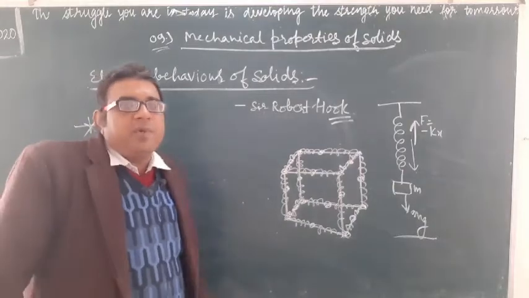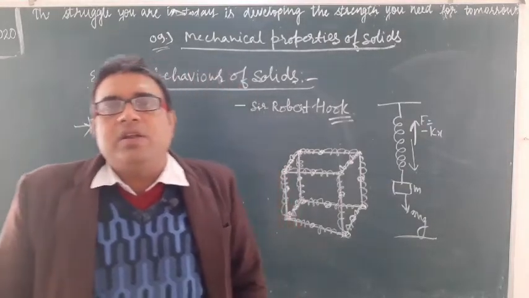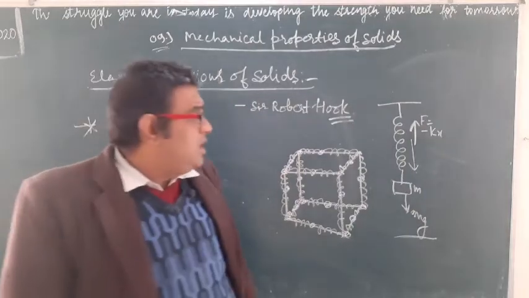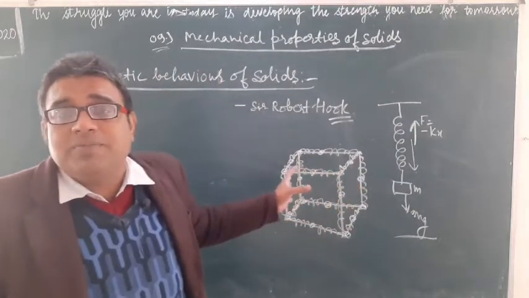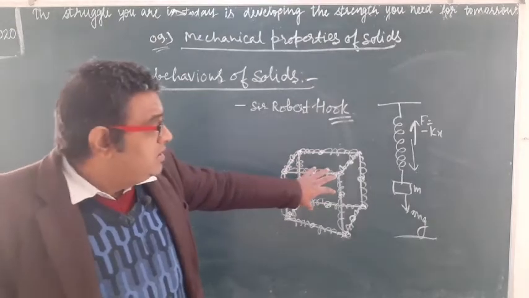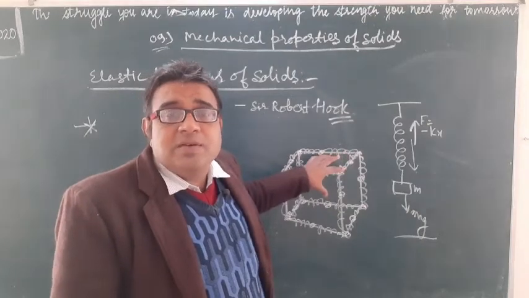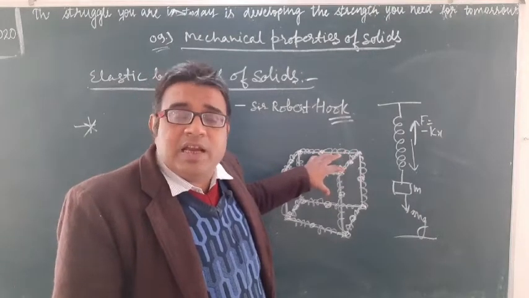Each and every body in this universe tries to be in its stable state or in its lowest energy state. So if no external force is being applied, the atoms or molecules of this rigid body are in its lowest energy state.